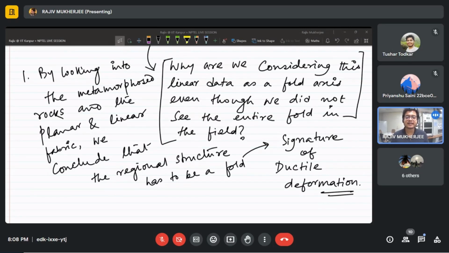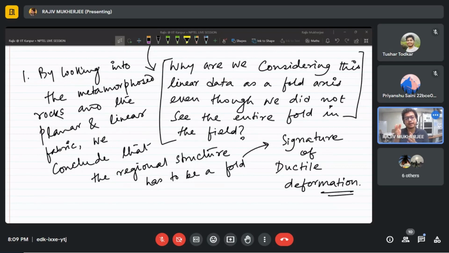So in that case, if you get these linear data or the traces of the bedding planes, right? So just like the traces of the foliation planes on the bedding plane, anything. So in that case, you measure the linear data, and from the concepts of your structural geology, you know that this thing has to be the fold axis, then certainly you can plot the fold axis in your geological map to point out that this is the fold axis orientation.